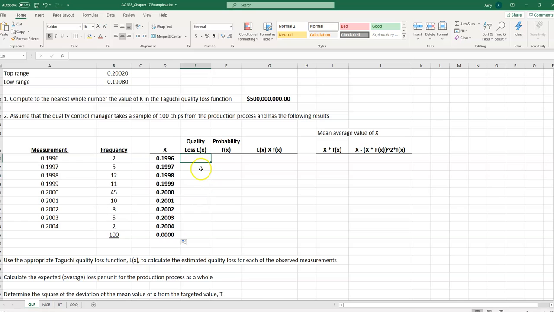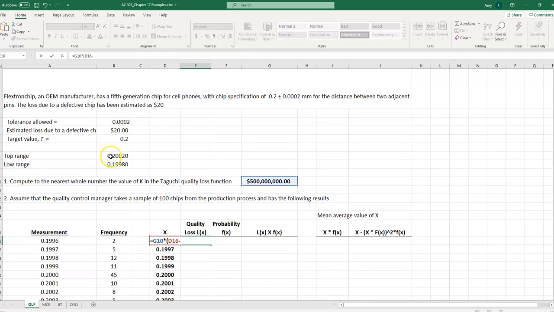L of X equals K times X minus our target value, and that to the second power.